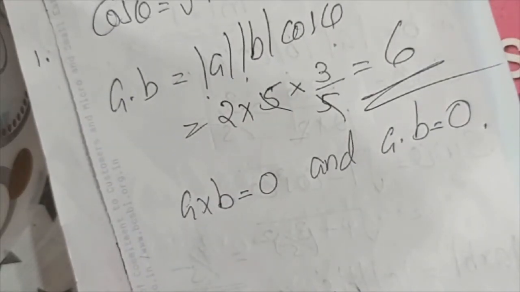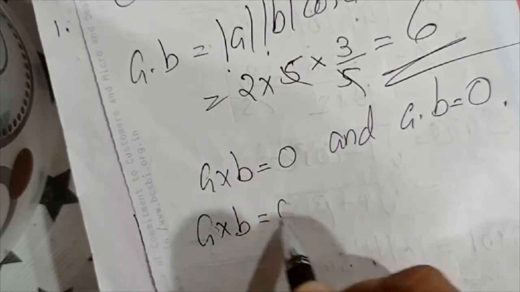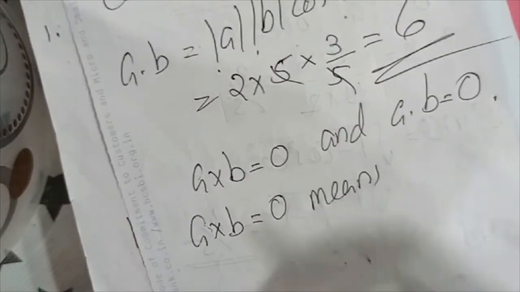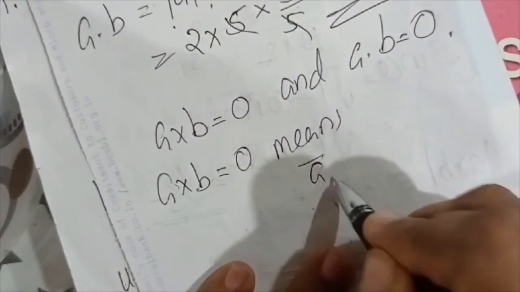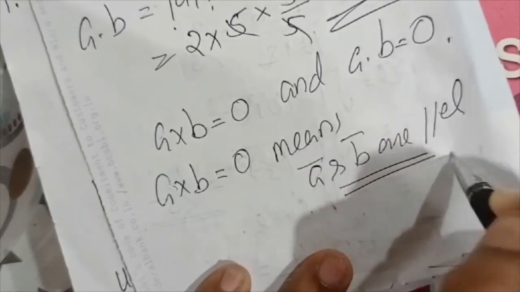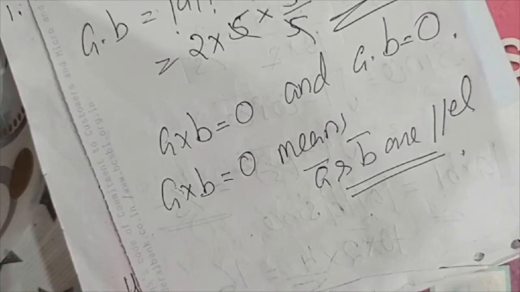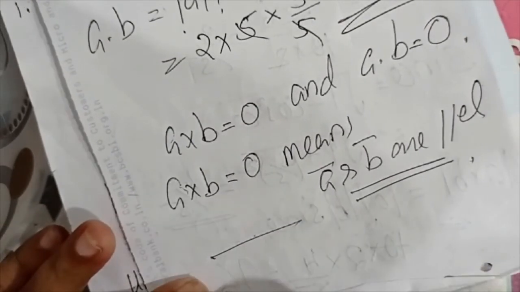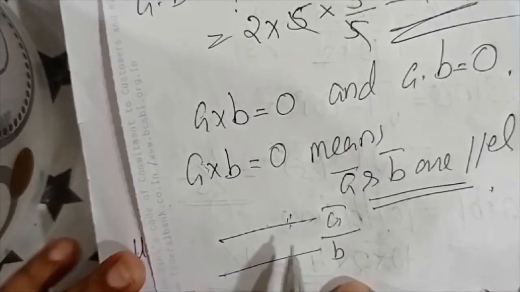What do you understand by a cross b equal to 0? A cross b equal to 0 means the vectors a and b are parallel.